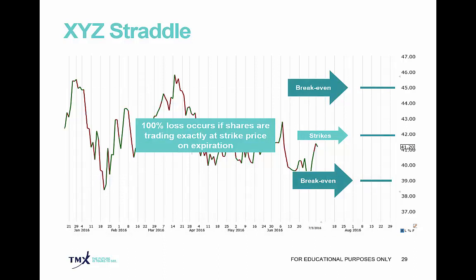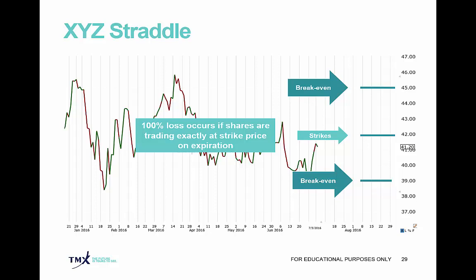Now, what we want to recognize here, and I like to put things into the perspective of the actual share fluctuation of the underlying stock, because we only really want to apply these strategies to stocks where historically we've seen that they have potential to make a move. So you can see with this price chart that historically over several years the shares have, over the course of a couple of months, moved significantly enough to achieve our break-even points, either to the upside or the downside.